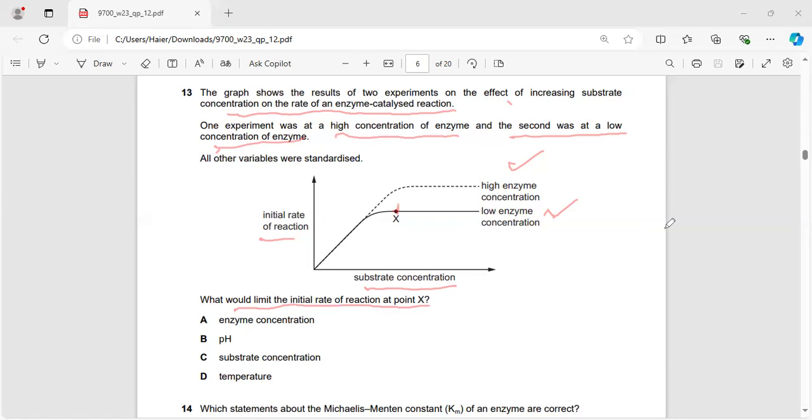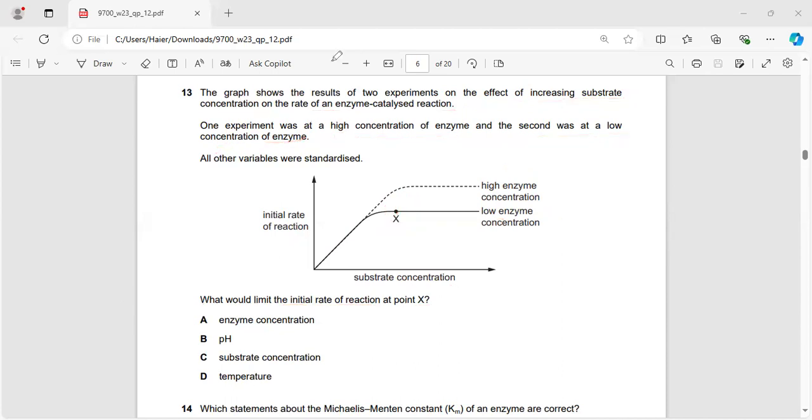He has increased the substrate concentration, and we are talking about the lower graph. It shows that when there is a low concentration of enzyme, substrate will be in high concentration, so there will be less availability of active sites. So at this point, the enzyme concentration will act as a limiting factor at point X. So A is the correct option in this case.